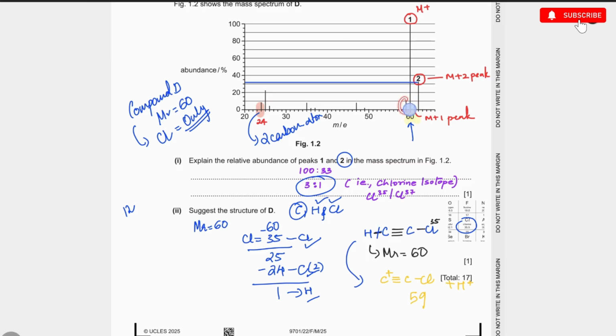Yes, we can see here I am getting a peak at 59 as well. So from 60 we can get the fragmentation of 59, which has been shown here. So yes, we can say that the structure which we have got is correct. This is how you can confirm.